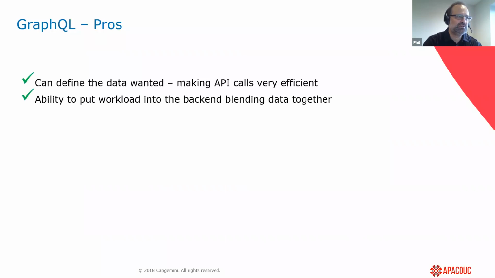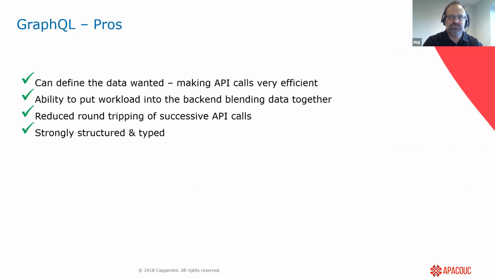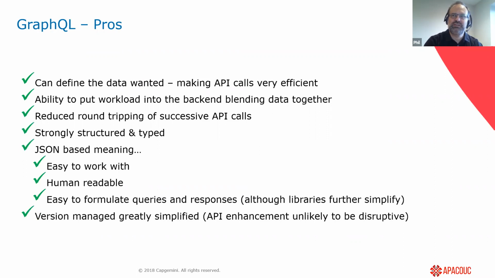So let's look at the pros. The real key strength here is about getting the data that you need, and only that data. You can put the workload back into the back end in terms of sorting out your data, which is really valuable, particularly for mobile clients and things like that, where you haven't got huge amounts of compute power involved.